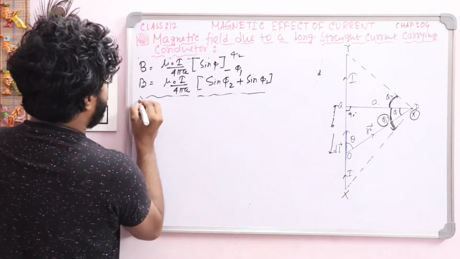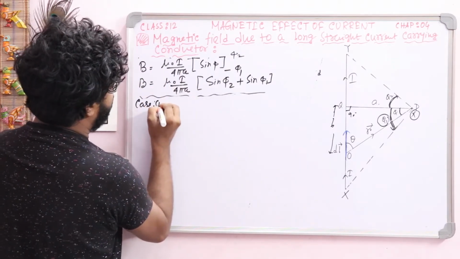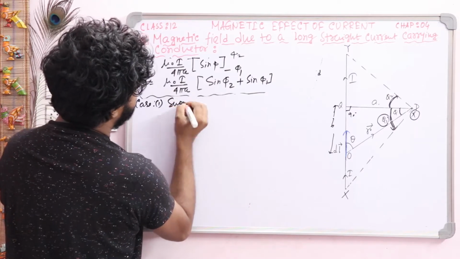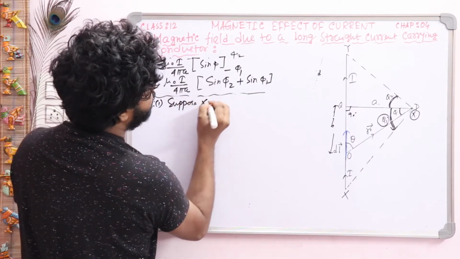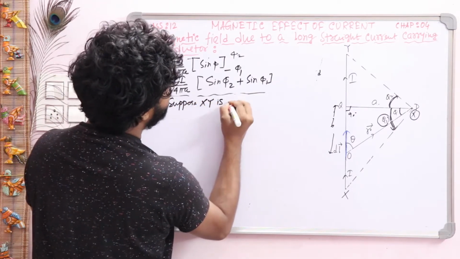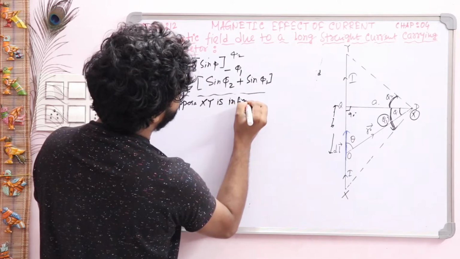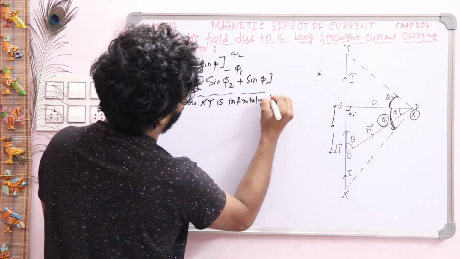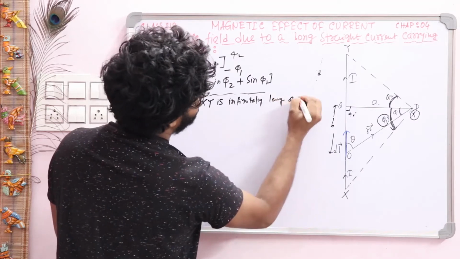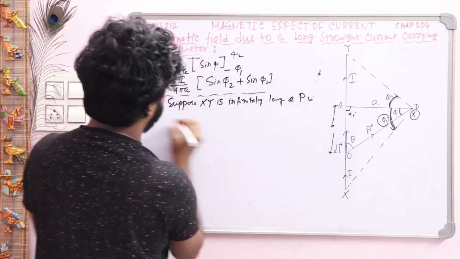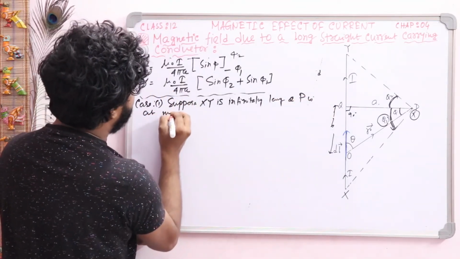Okay, now case 1. Suppose the conductor, that is xy, is infinitely long, and the point P is at the middle.